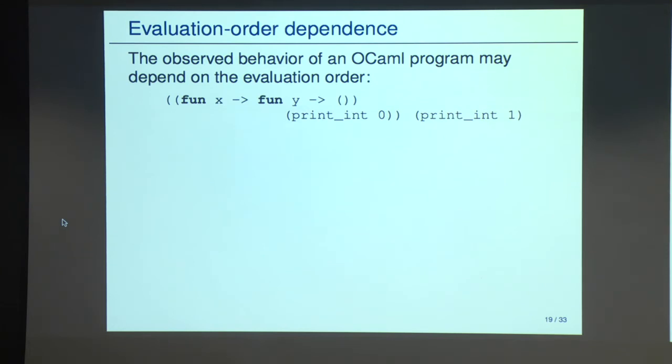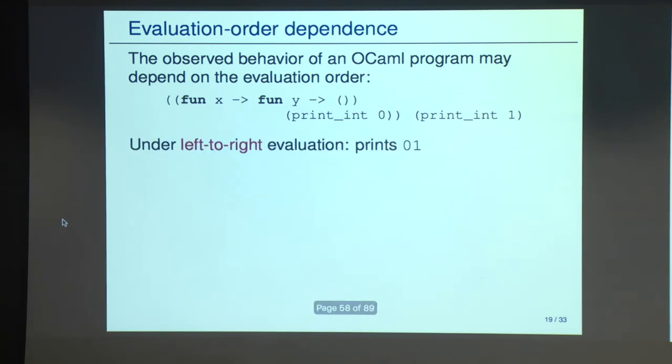All right, well, in OCaml, the observed behavior of programs may depend on the evaluation order. And here's a little example for you. If you run this program or evaluate this program left to right, well, this is a left-hand side. So inside that application, we do the left-hand side first, two argument function closure value, and then we print a 0.